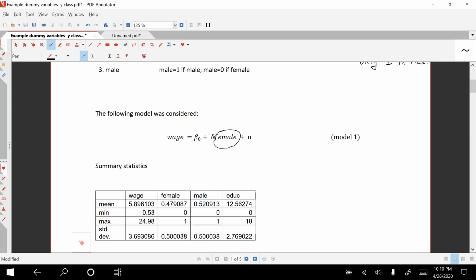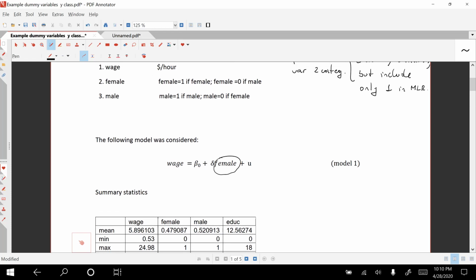Something that's important here is that if female is the variable that we have included, the base category is going to be male, because if we have a female, female is equal to 1, but if we have a male, female is equal to 0. So that's why the base category is male in this context.